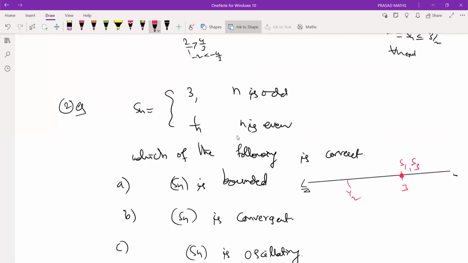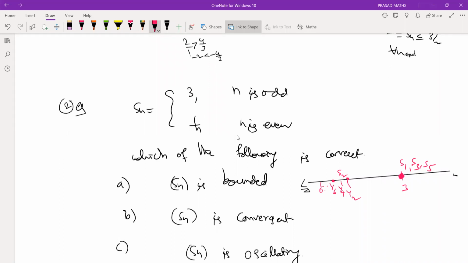S1 here, S3 here, S2 here. This is my S2. Next, S4, 1 by 4, decreasing. Next, S5 is again 3. S6 again here, 1 by 6. S7 is again here. That means it goes towards 0. Right? But the question is whether it is convergent.